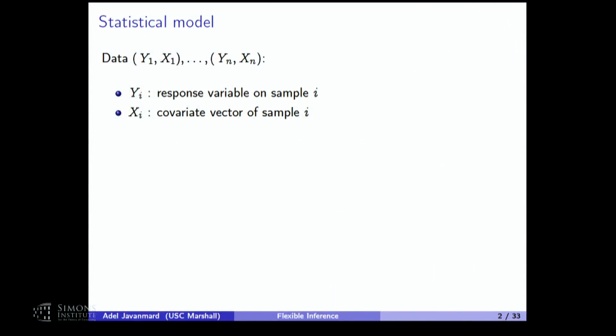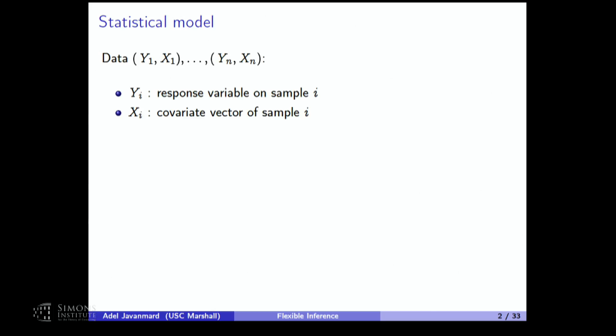So let me start. Suppose that you are getting n data points, those are y1, x1 to yn, xn. yi is just the response variable on sample i, and xi is the covariate vector or the feature vector of that sample. One of the main tasks in statistical learning is to try to fit a model to this data.